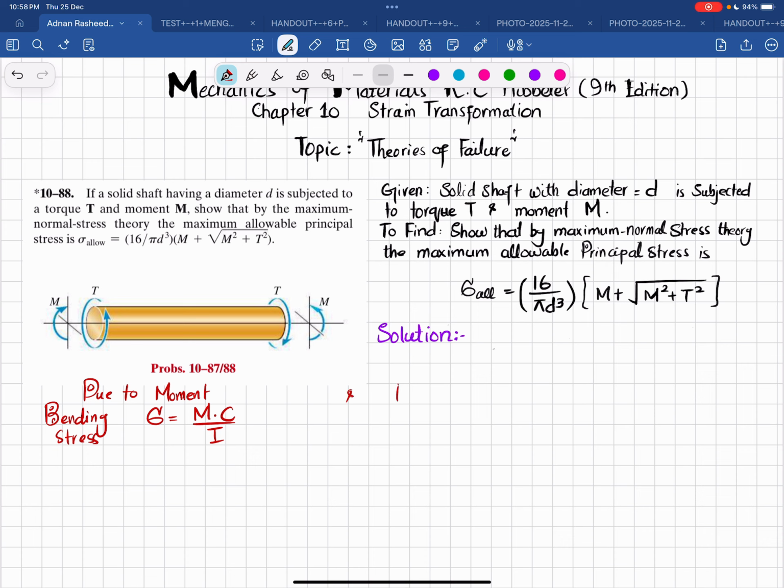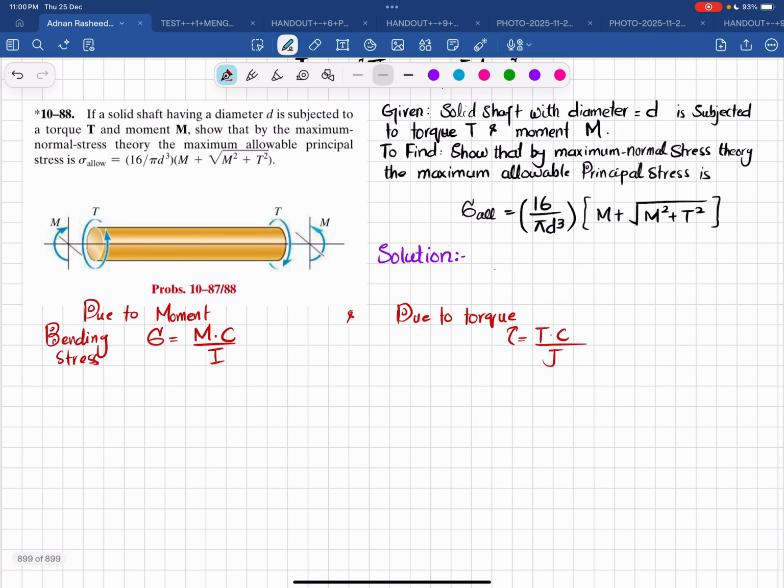And due to torque we will have shear stress, and this shear stress is equal to T into c divided by J, where T is torque, c is the radius of this shaft, and J is the polar moment of inertia.